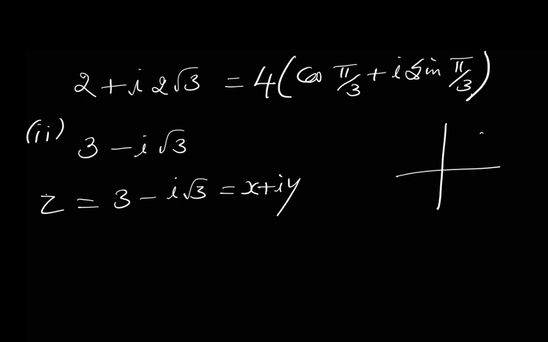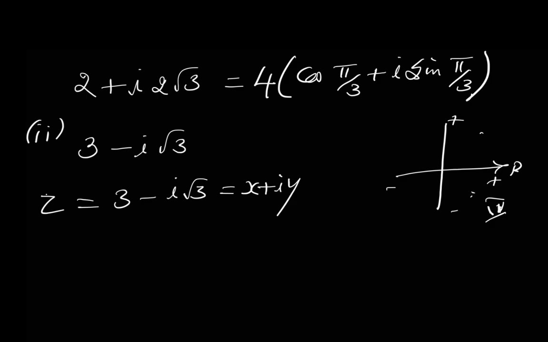So 3 is positive, the real value is positive, but the imaginary value is negative here. So x is positive, y is negative. So where does this point lie? It is in the fourth quadrant.